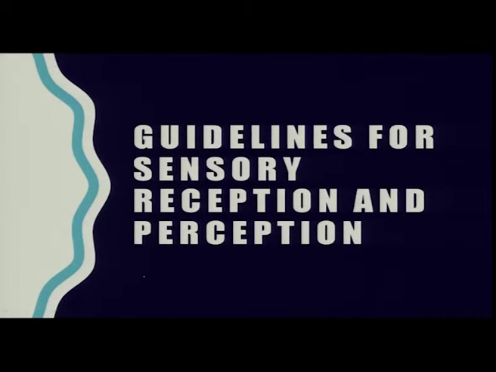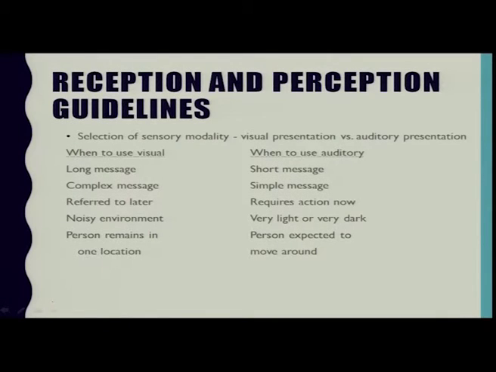So first, the guidelines for sensory reception and perception. In this particular topic, the selection of sensory modality. What could be the design guidelines for the selection of this sensory modality?